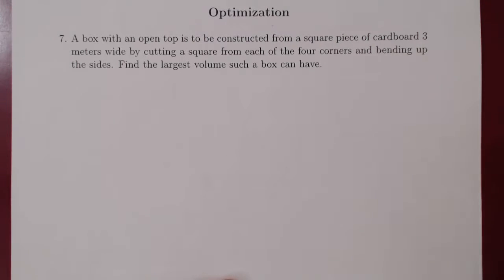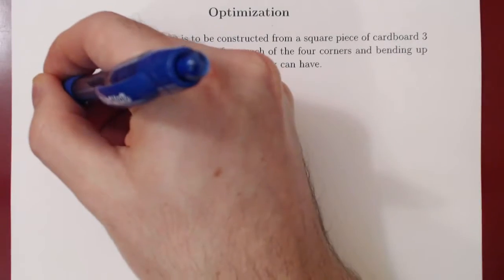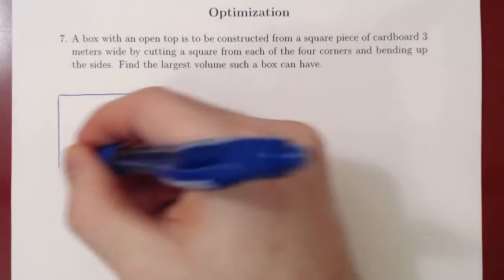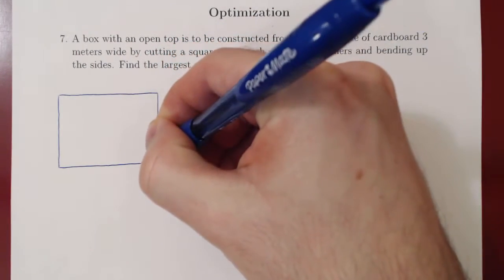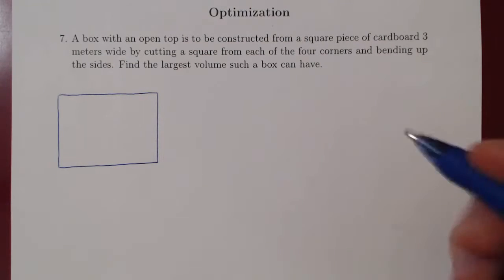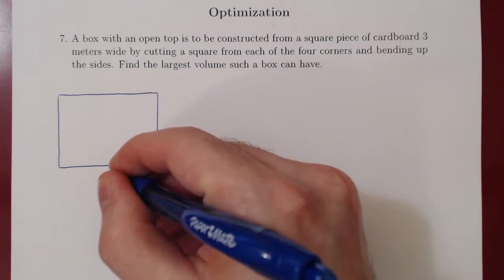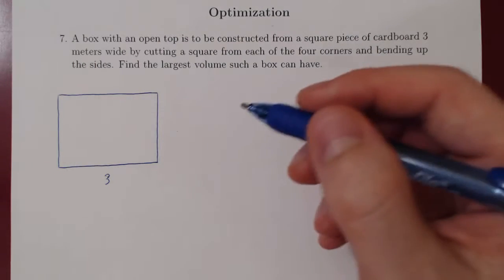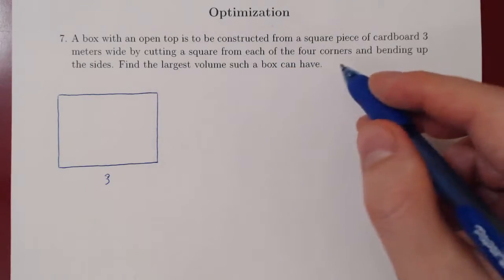So let's draw a picture. We have a square piece of cardboard. And each side is of length 3 meters. So we can write here 3. And now what are we saying? Well, we're cutting a square from each of the 4 corners.